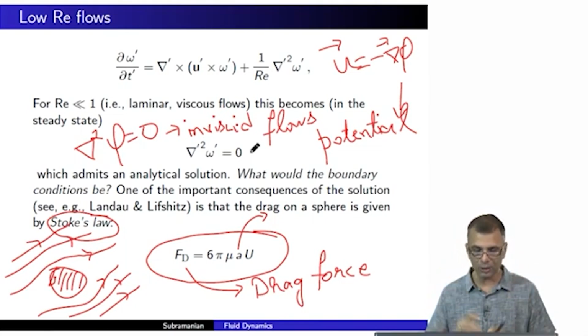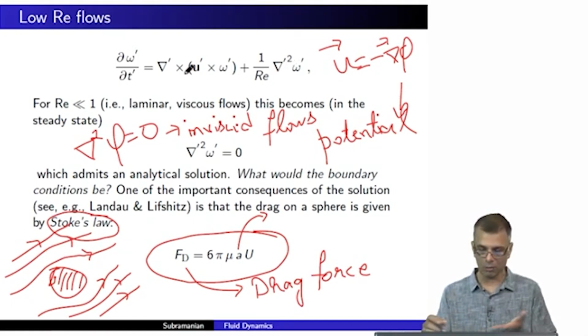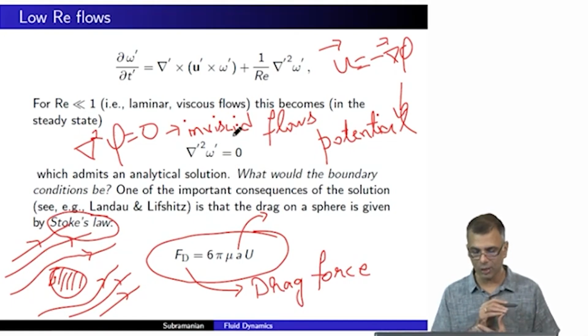So just to summarize the import of this particular discussion, for low Reynolds number flows, only this term is important. In a steady state situation, the rest of the term, by definition, goes away. And since this is much more important than this, the equation essentially boils down to this.